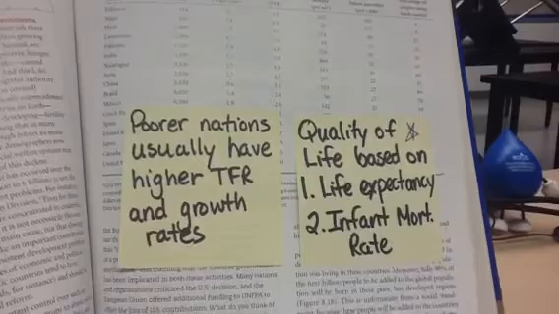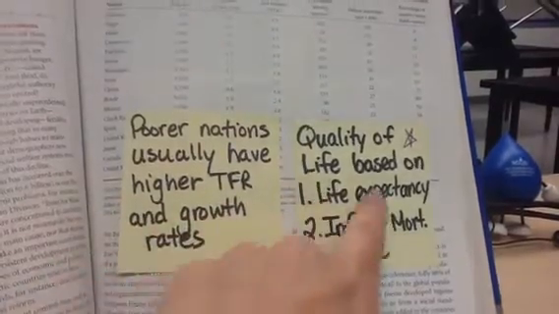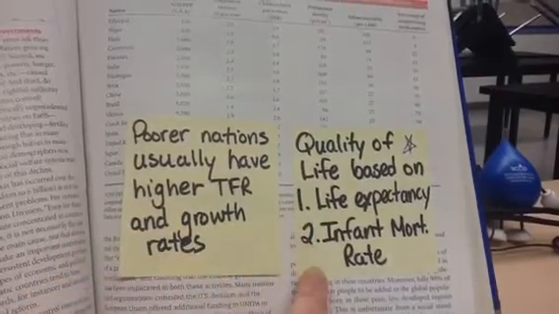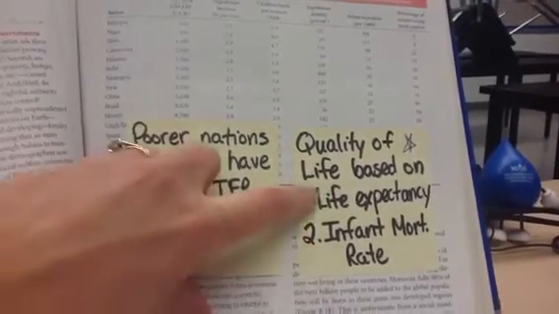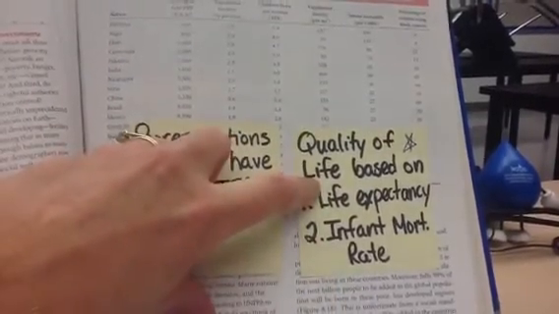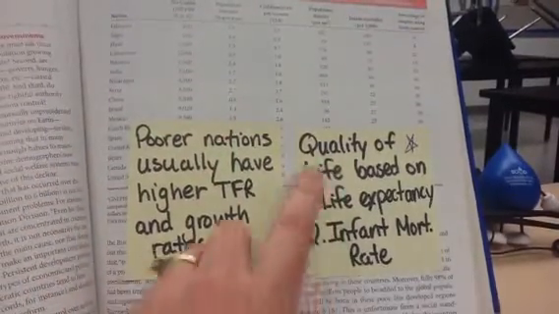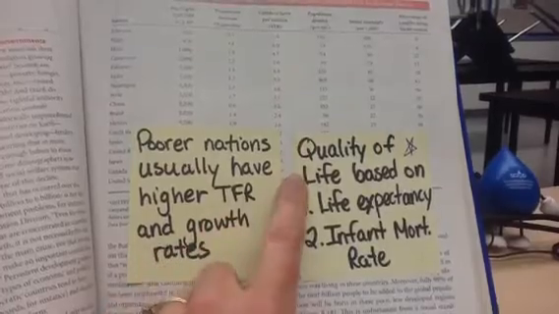We measure quality of life based on how long you're expected to live, which is your life expectancy, and the infant mortality rate. So if you have both of these that are good numbers, high life expectancy, low infant mortality rate, then they say the quality of life in that country is good.